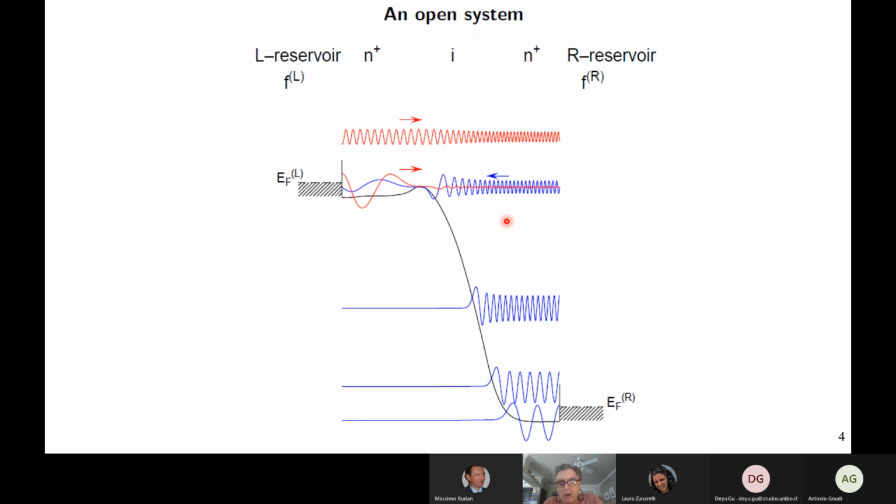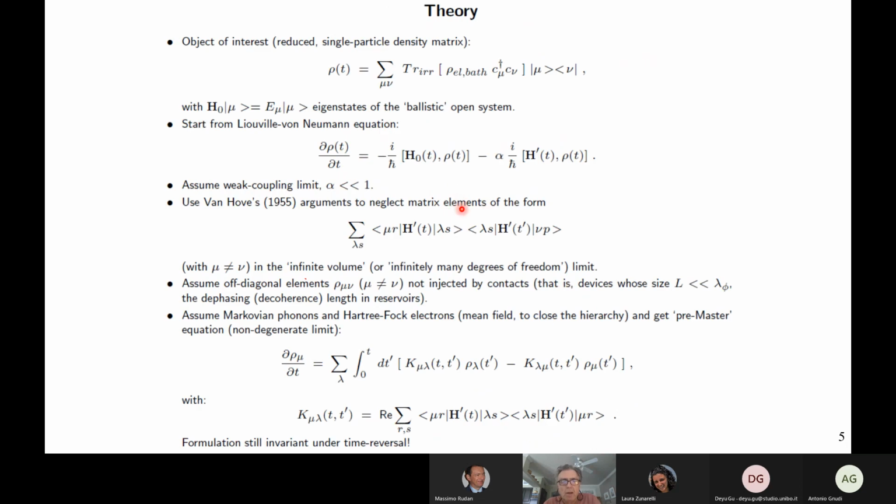So you have two classes of waves in this particular case, the red waves, which are the waves injected from, say, the source propagating towards the drain and partly reflected, and the blue waves, which are instead the waves which are injected from the drain.